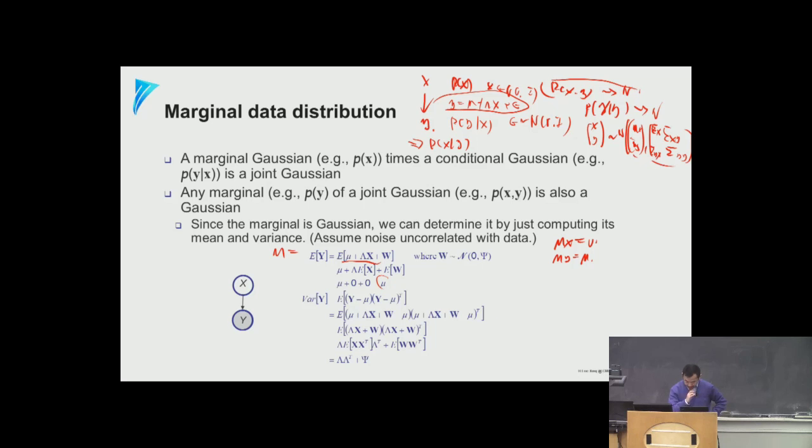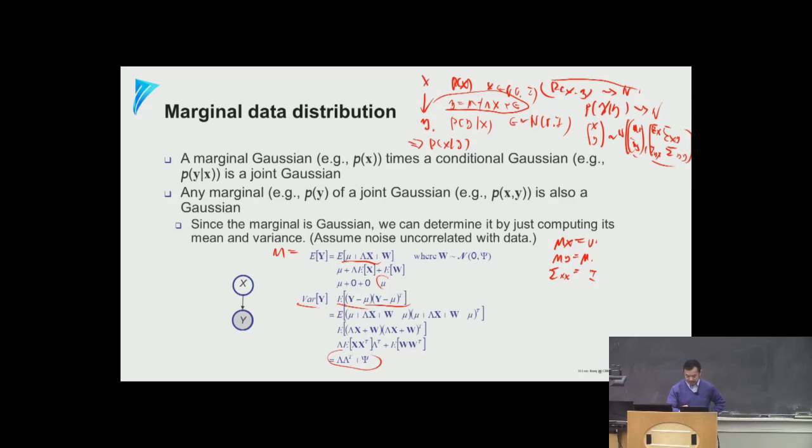And what else? Well, we also have sigma x. What is that? It's the identity. And the covariance of y, this is the definition of that, and you just plug in everything and get the covariance of y in this form.